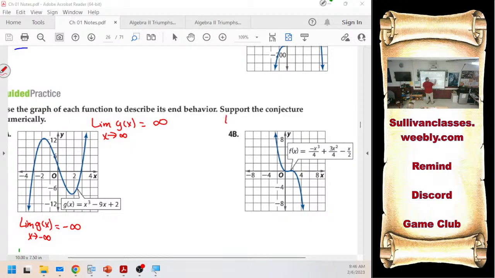Same thing here. I'd say the limit of my function as we go back to negative infinity, the limit of my function as x goes all the way to infinity. Dump it in your calculator, spam 9s, see what happens. That's how you find end behavior. A lot easier.